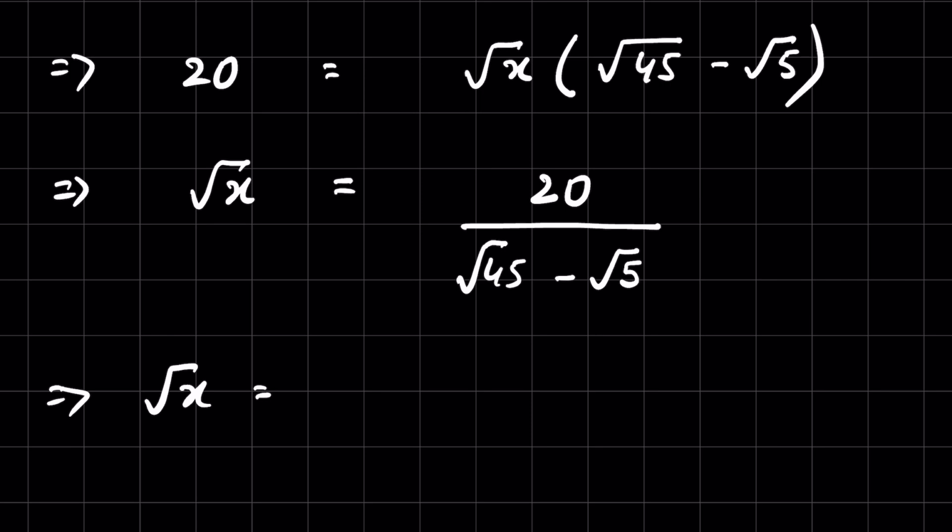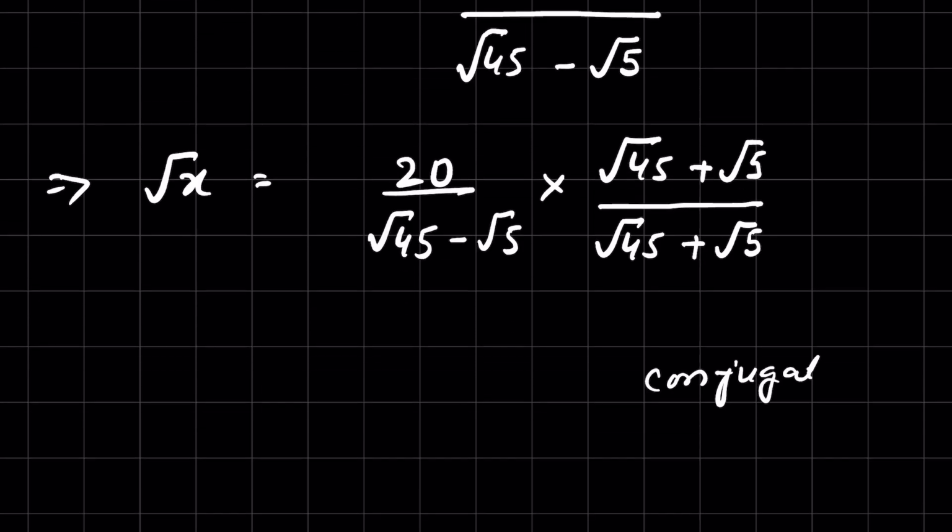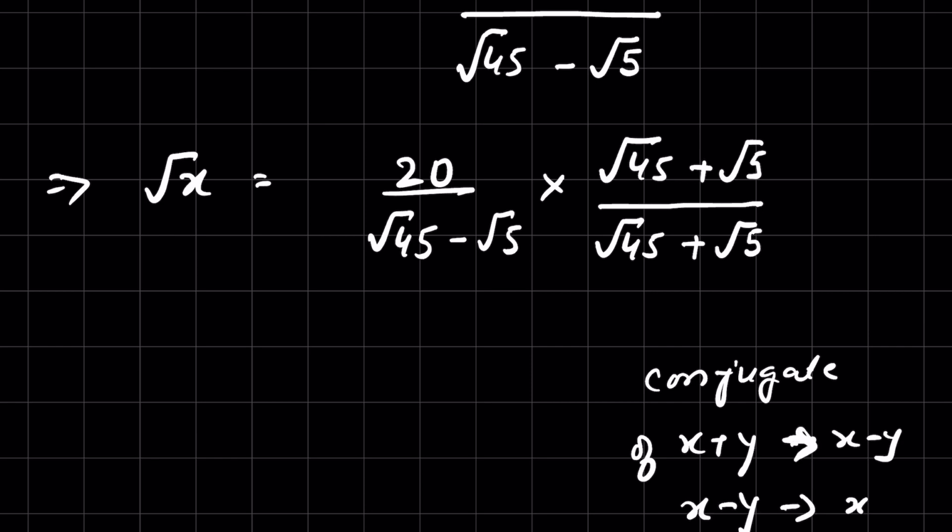Now in the denominator we have radicals, so let's rationalize it. So, we multiply and divide it by the conjugate of √45 − √5, and that is √45 + √5 upon √45 + √5. Conjugate of x + y is x − y, and conjugate of x − y will be x + y.